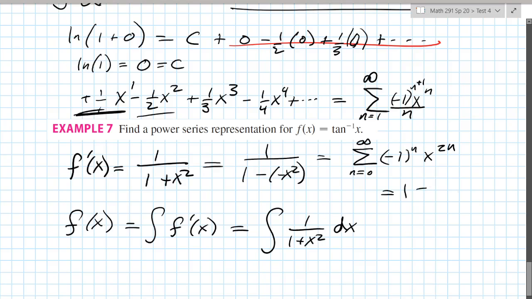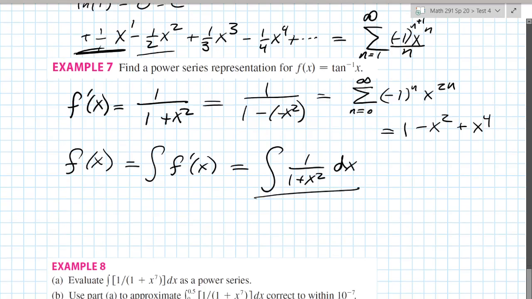Then it was negative x squared. Then it was positive x to the 4th, and so on. So when we integrate this, we're really integrating it term by term, and we get x minus 1/3 x cubed plus 1/5 x to the 5th, and so on.